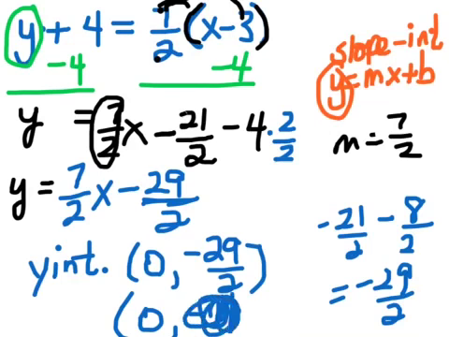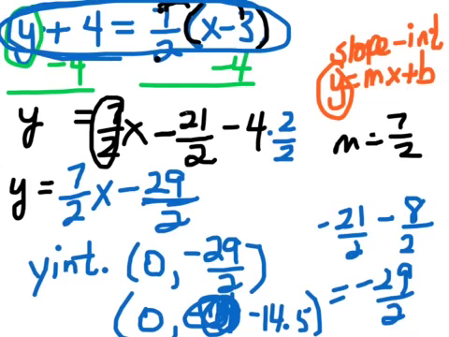Let me scribble that out and do that to the side here, negative 14.5. That would not be easy to count off and graph. Sometimes it's easier to graph from this original point-slope form up here because that point was nicer. The point 3, negative 4 would have been easier to graph and count from than this negative 14.5 would be.